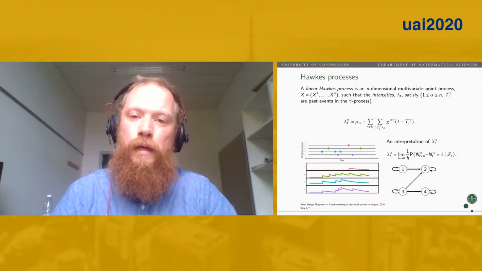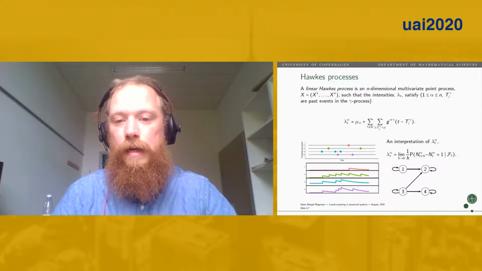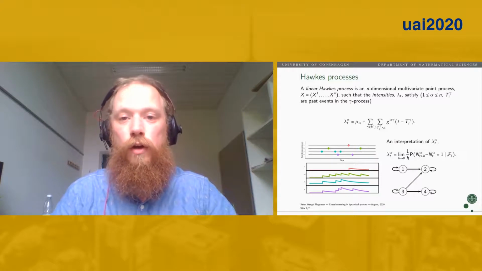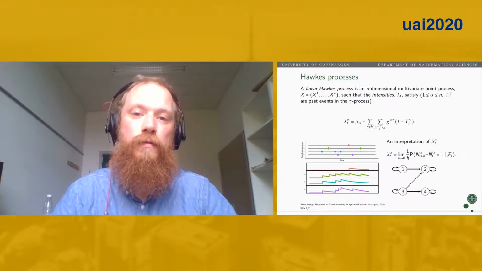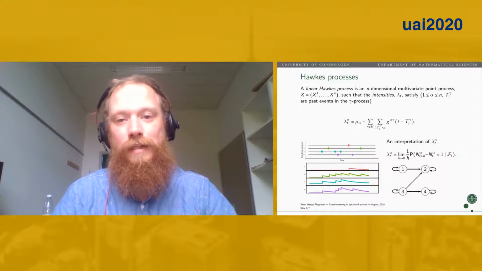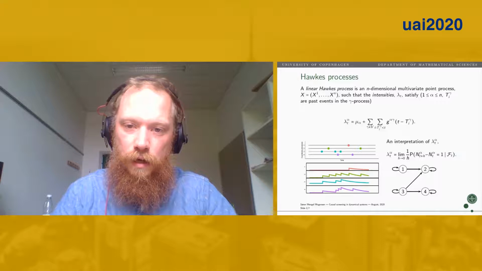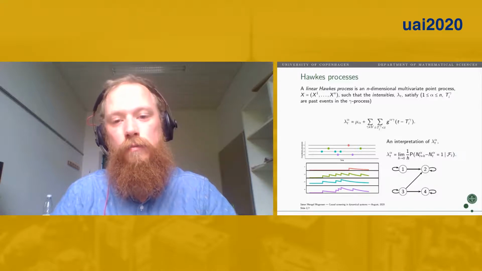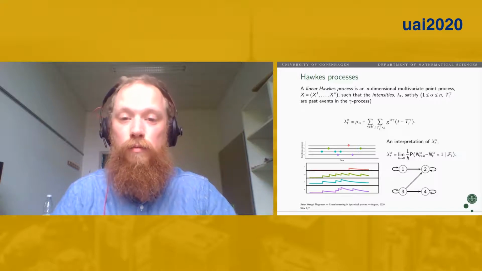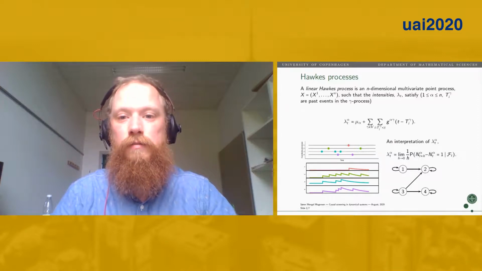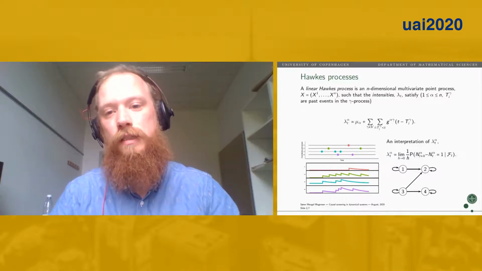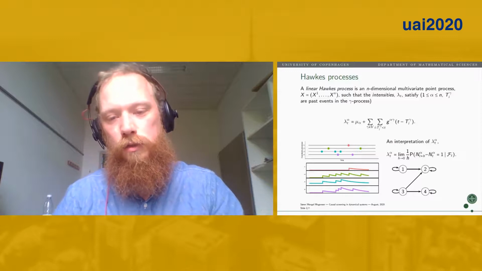Okay, so I want to make a graphical representation of this, and what we will do is to simply add a directed edge if and only if the corresponding G function is not identically 0. So this edge signifies that whenever there's an event in the one process, this gives a positive contribution to the intensity of the two process.